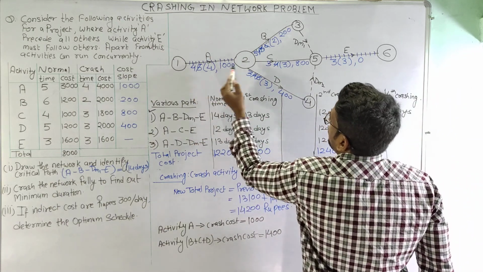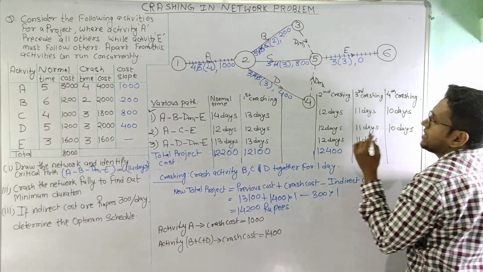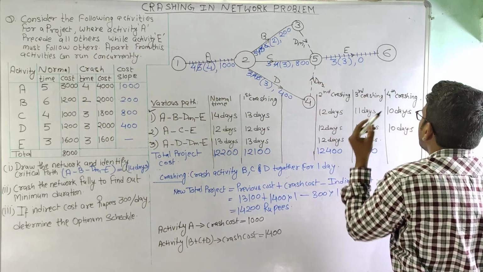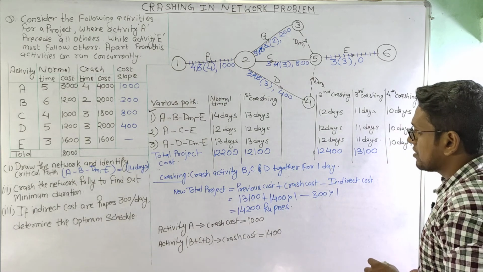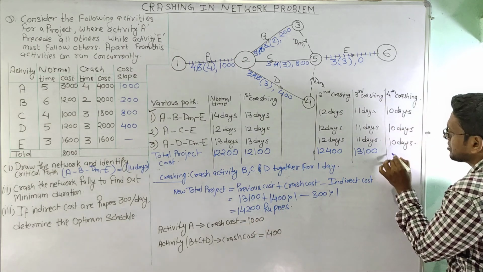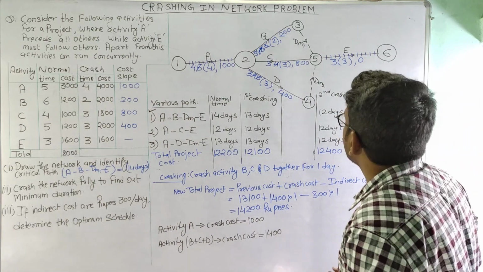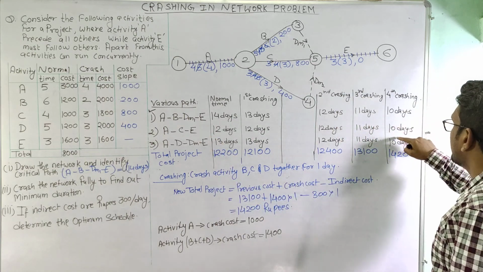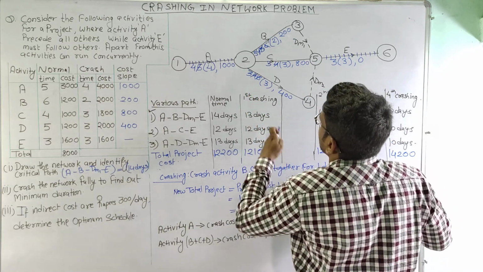For ACE it is 4 plus 3 is 7 plus 3 is 10 days, and here for ADE is 4 plus 3 is 7 plus 3 is 10 days, and the total project cost is coming as 14,200. So as we can see now, the critical path has been reduced to 10 days.